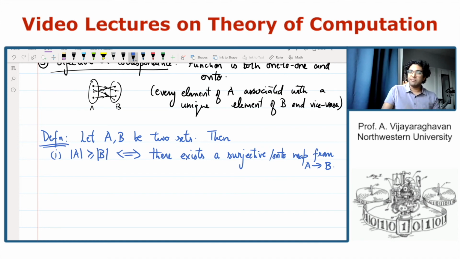You can design the map that is surjective. You just need to prove that it's surjective, and that will establish that the cardinality of A is greater than or equal to the cardinality of B.